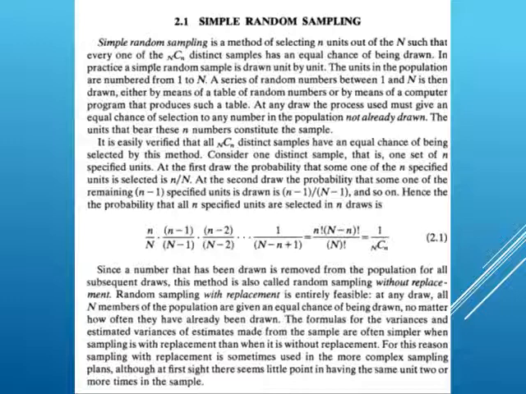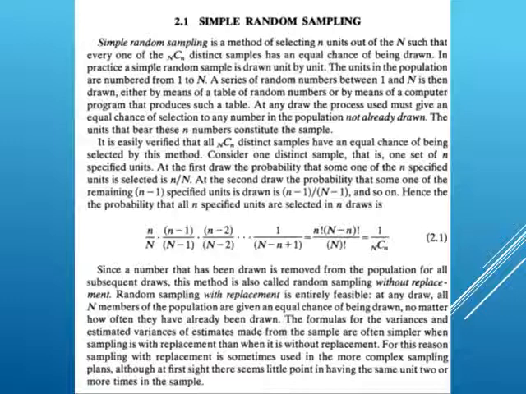The formulas for the variances and estimated variances of estimates made from the sample are often simpler when sampling is with replacement than when it is without replacement.